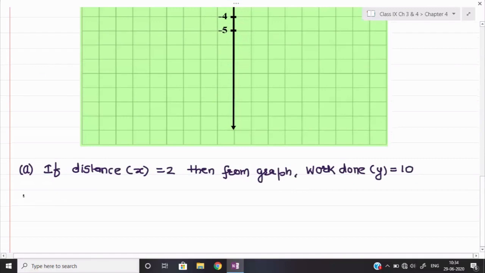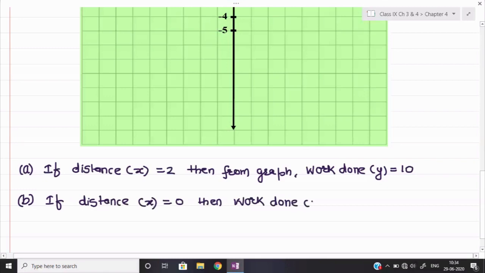So we can say, part number B: if the distance x is equal to 0, then we can say that the work done, the value of y, will also be equal to 0, because 0 comma 0, how will you show it?